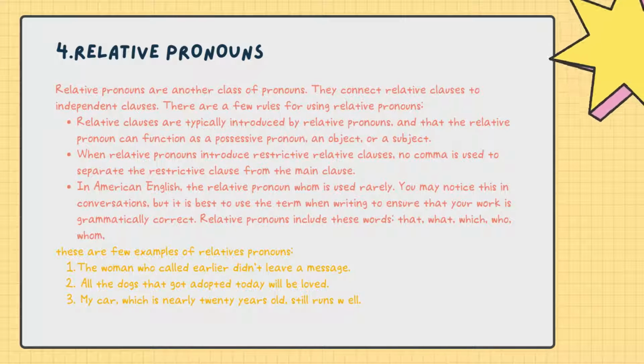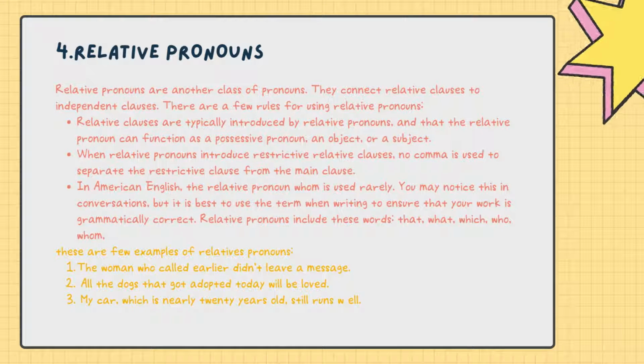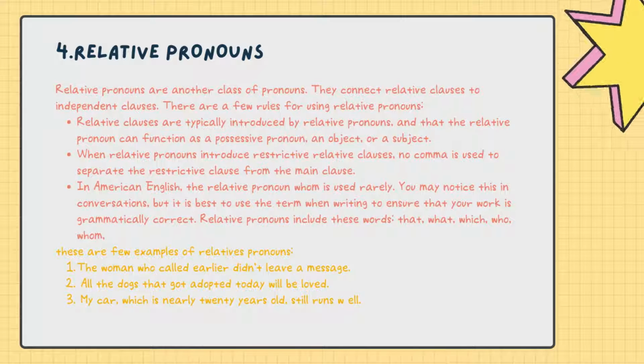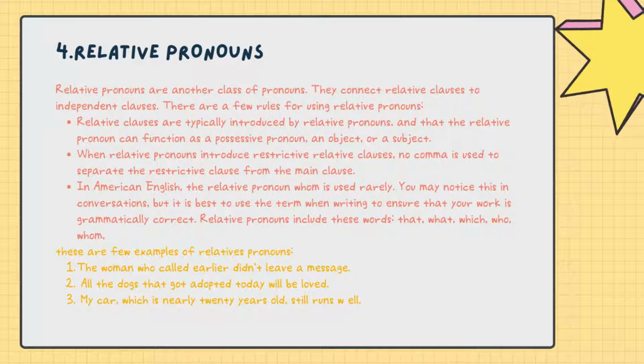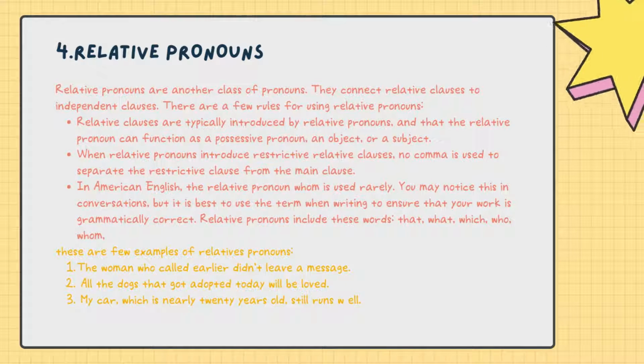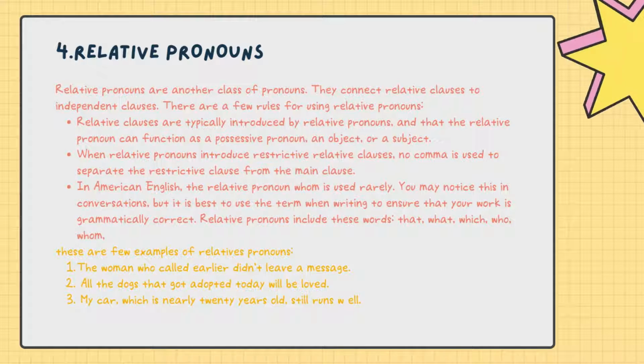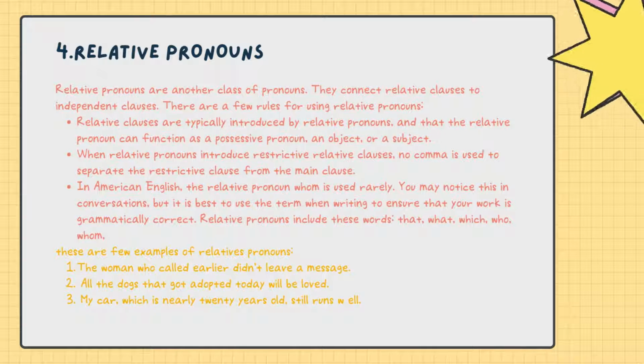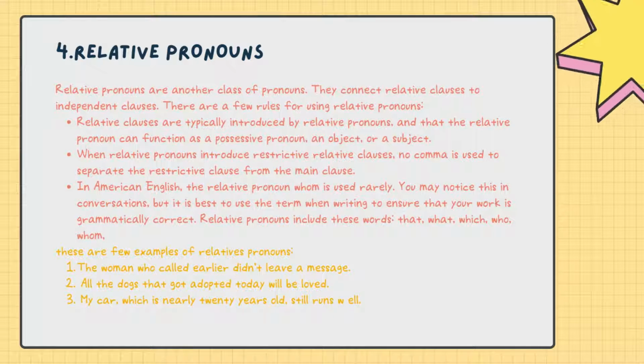There are a few rules for using relative pronouns. First, relative clauses are typically introduced by relative pronouns, and the relative pronoun can function as a possessive pronoun, an object, or a subject.